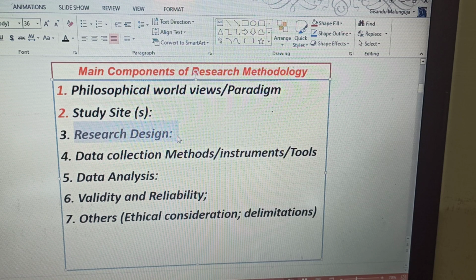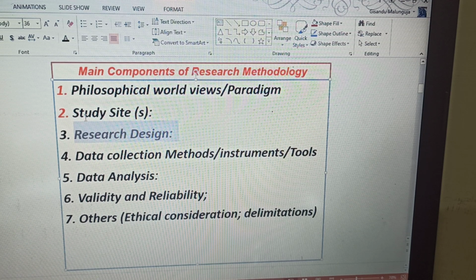Are the approaches that you have selected under your research design, whether quantitative or qualitative, experimental or non-experimental, the sampling style, the population, the sample size, what could they bring about to the concept of validity and reliability? It is within this particular section where a researcher is going to show some ethical considerations, some delimitations or the scope of his study, and others.